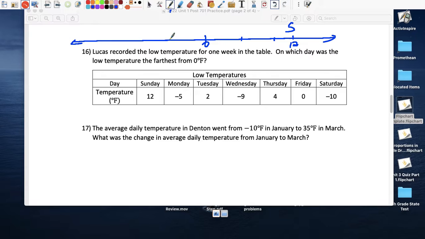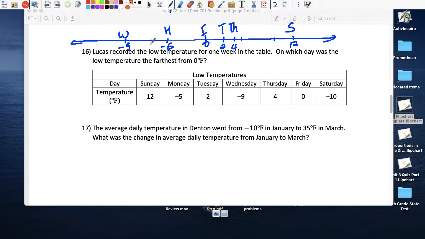Monday, negative 5. So it's negative 1, 2, 3, 4, 5 here. That's Monday. Tuesday is 2. Let me put a Tuesday over here. Wednesday is negative 9. So negative 9 is over here. Thursday is 4. I'll put TH for Thursday. Friday is 0, so I'll put an F for Friday.